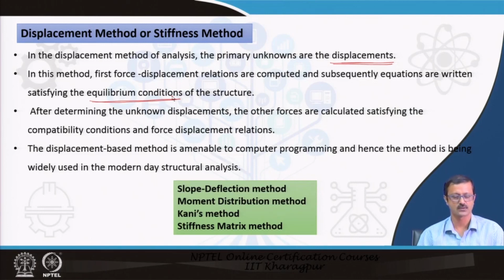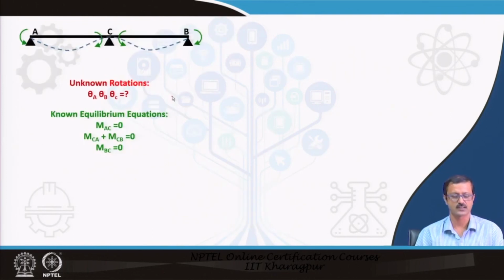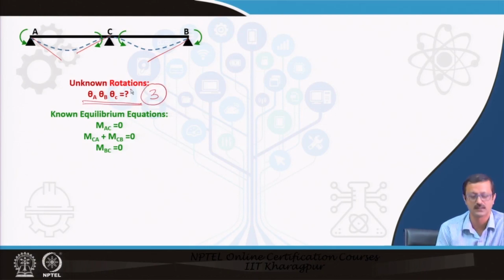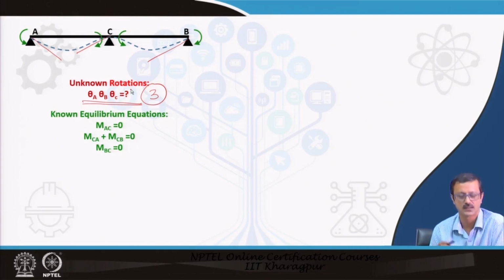These are some of the methods that come under the umbrella of the displacement or stiffness method: slope deflection, moment distribution, Kani's method or the stiffness matrix method. See here, I do not know the rotations at A, C and B. So, those are unknowns, and I need 3 equations to find those 3 unknowns. I know there are 3 force equilibrium equations.